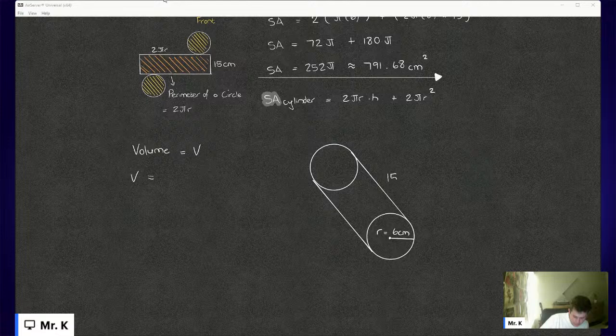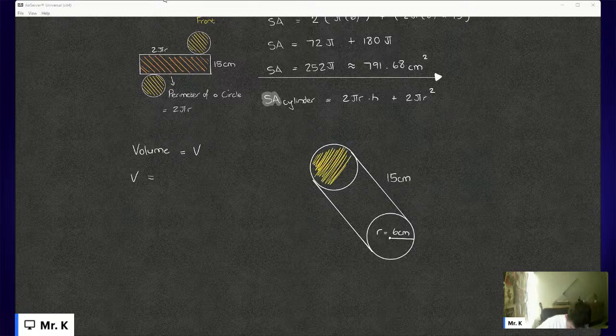So how could I do that? Well, just like I said in the previous example, the easiest way to do this is usually going to be to find a base for your shape. In this case, we'll pick the circle.